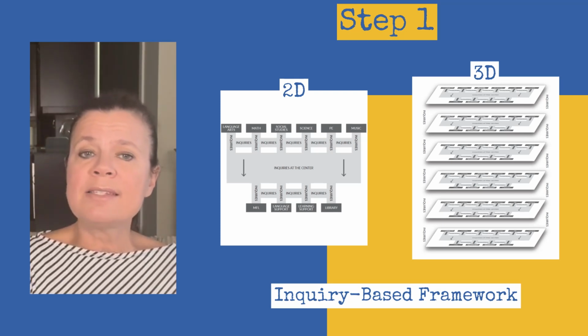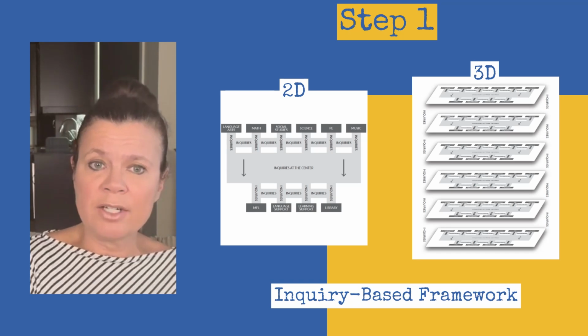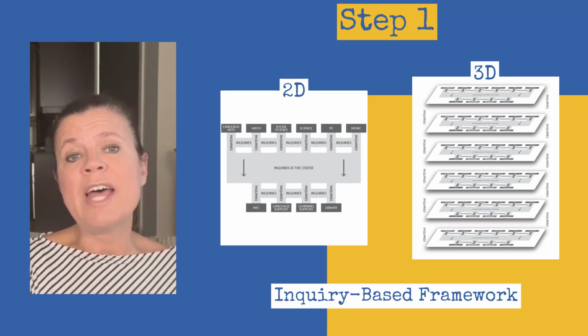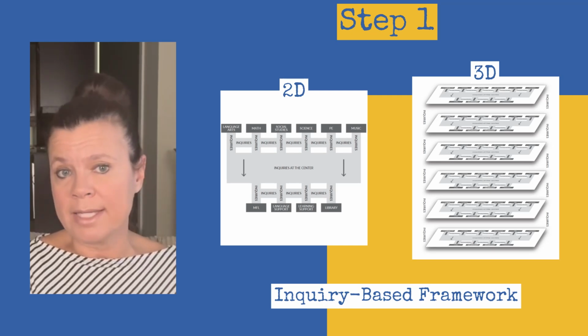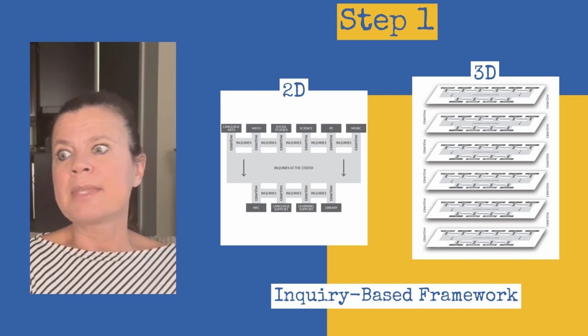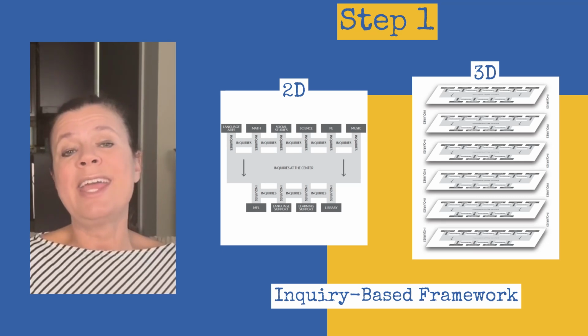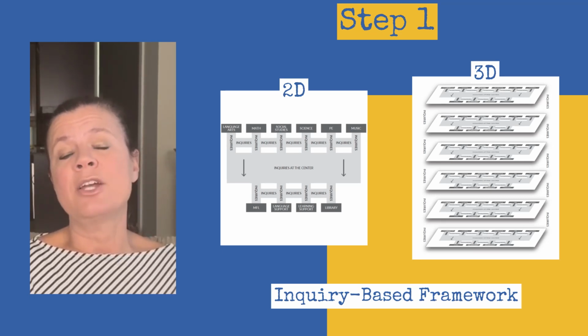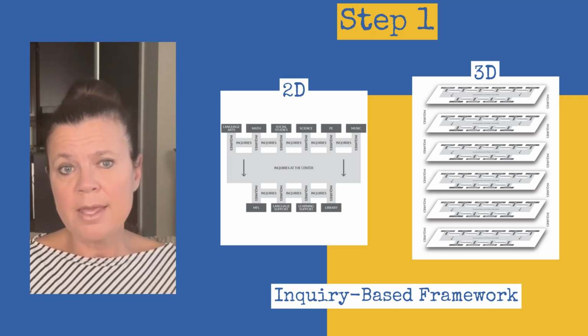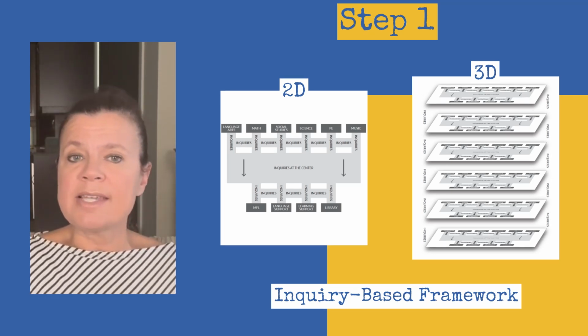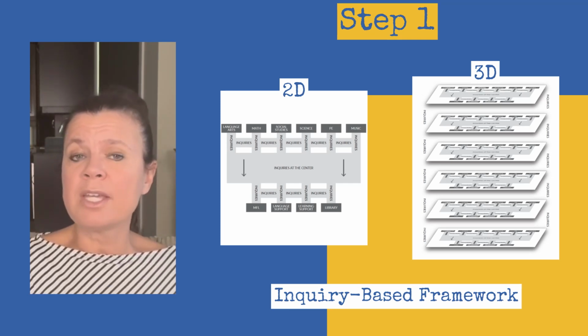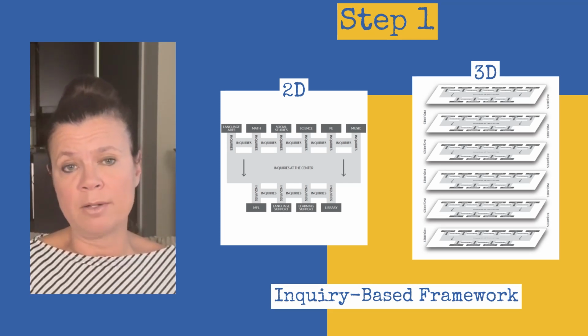Now, when giving this diagram to administrators, you would let them know that they can adjust accordingly to incorporate the different subject areas that they offer at their individual school. To take things one step further, you can also give schools a 3D model.